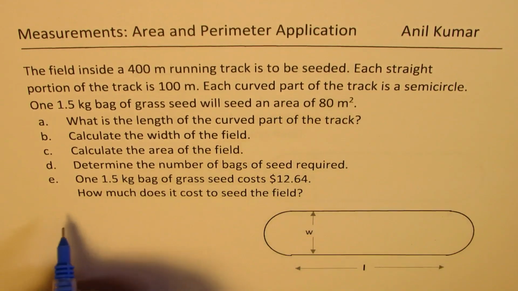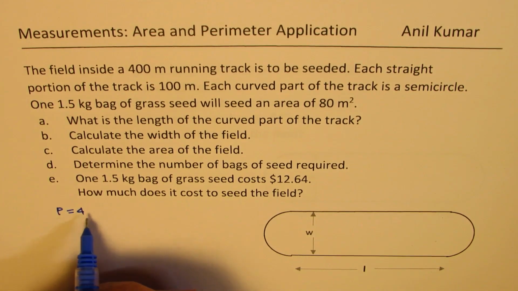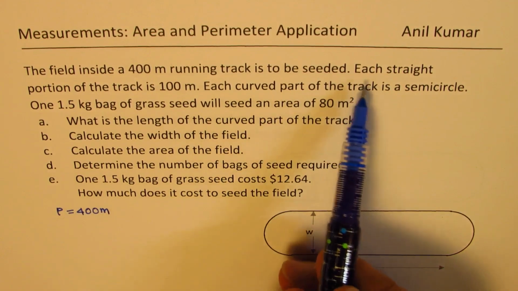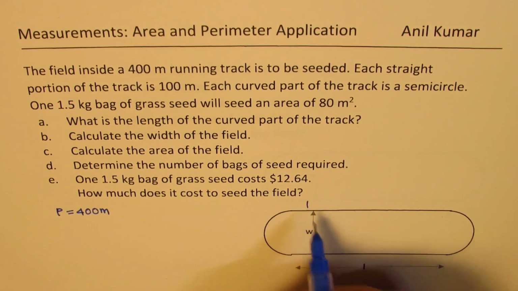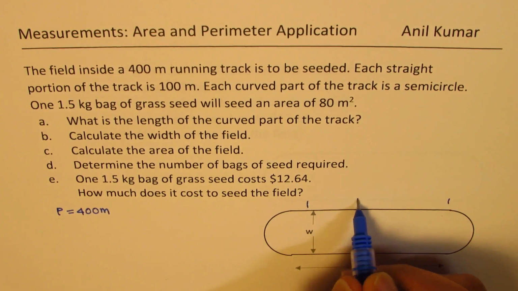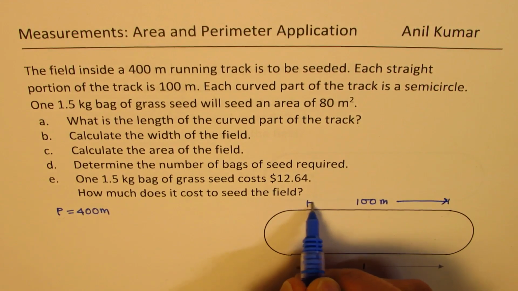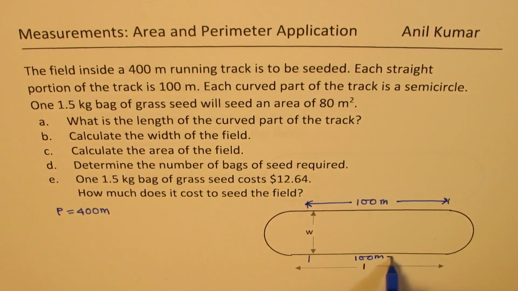So we know that the perimeter of this field is equal to 400 meters. Now each straight portion of the track is 100 meters. That means this is the straight portion, which is 100 meters. So we have these straight portions which are 100 meters each.